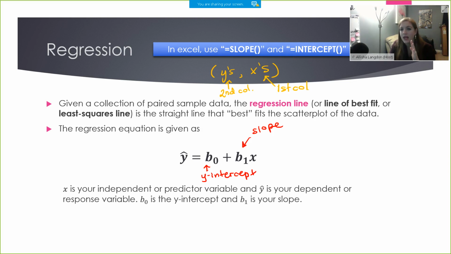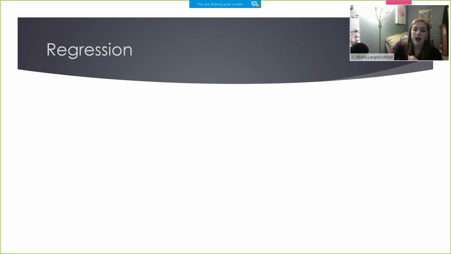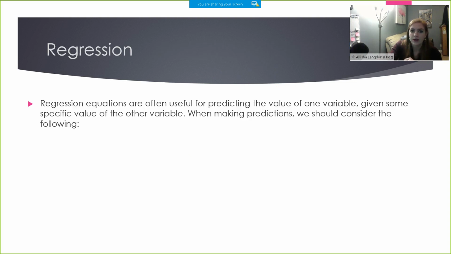This is the only thing that I think really throws people off: for slope and for intercept, you have to do your y's first and then your x's second. Otherwise, that will get messed up. We'll go through some examples so you can see how that works. It applies for your intercept as well.